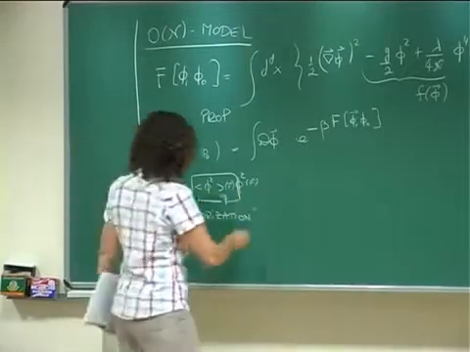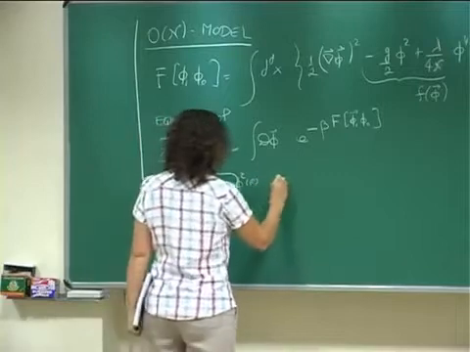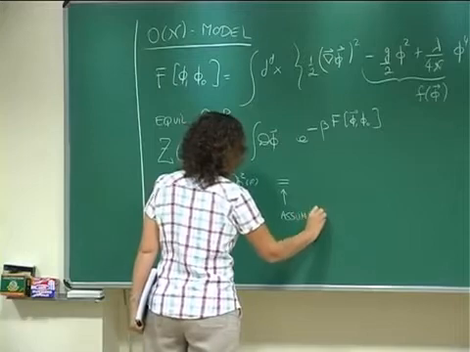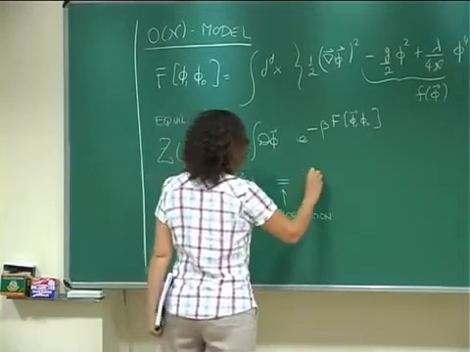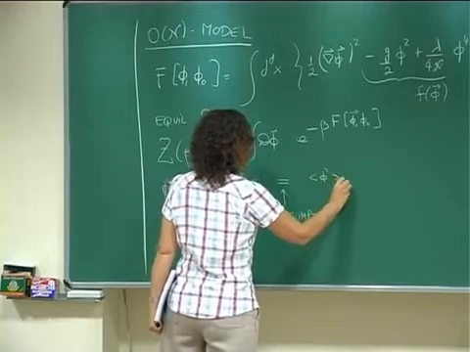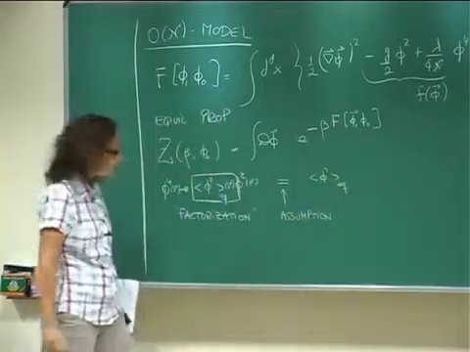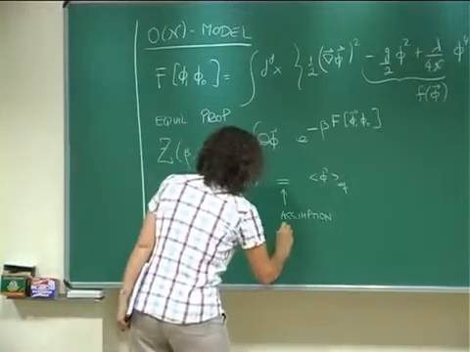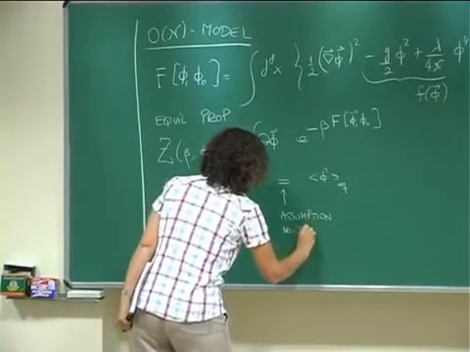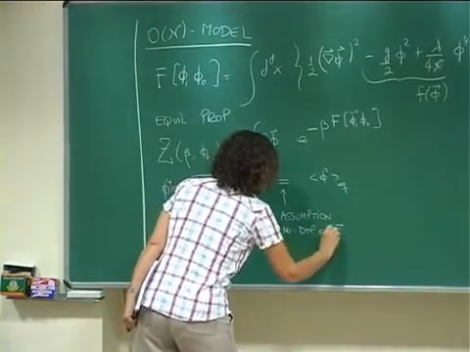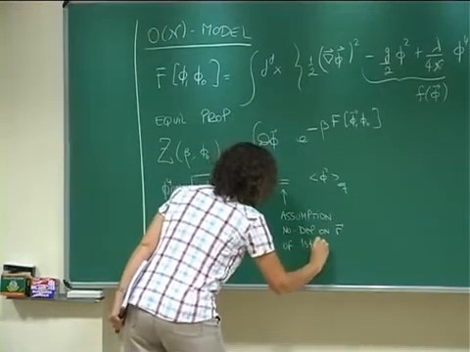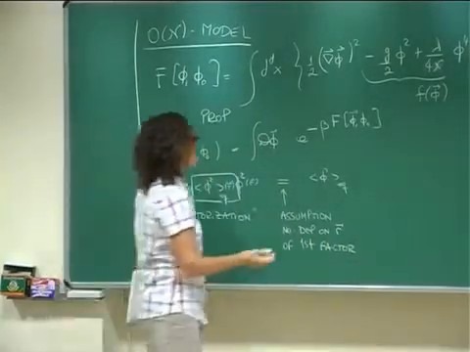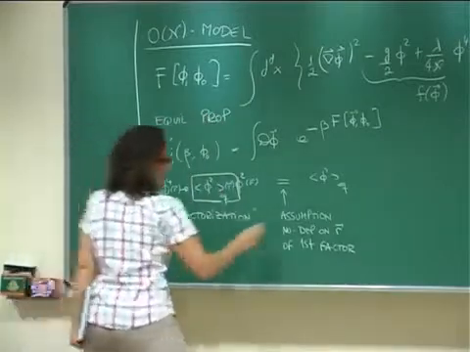What I'm going to assume, which is a second assumption, and at the end of my calculations I will check that this is correct, is to say that this phi squared average doesn't depend on the position. So no dependence on r of the first factor. And if it doesn't depend on the position, I can, for example, evaluate it at r equals 0.